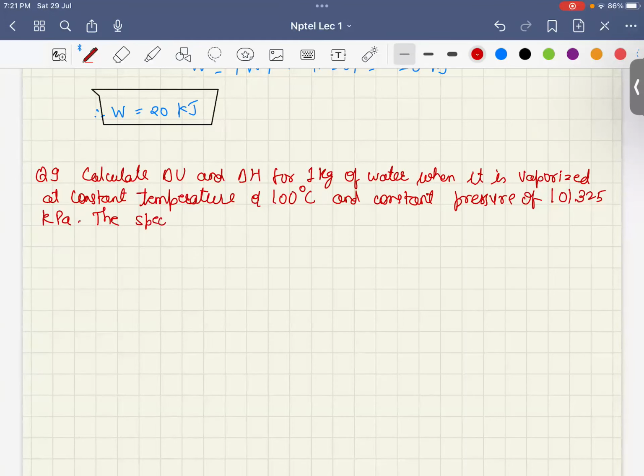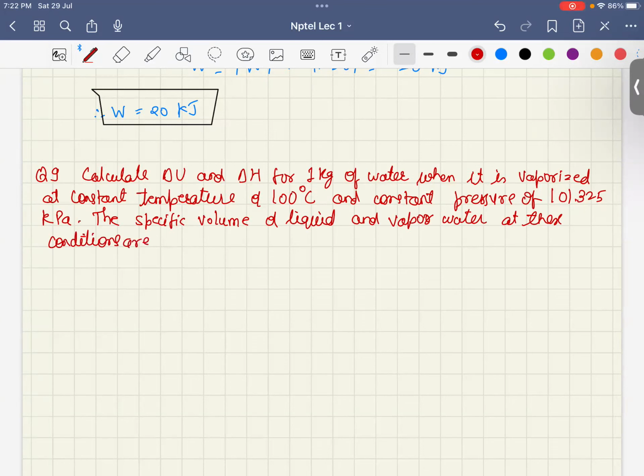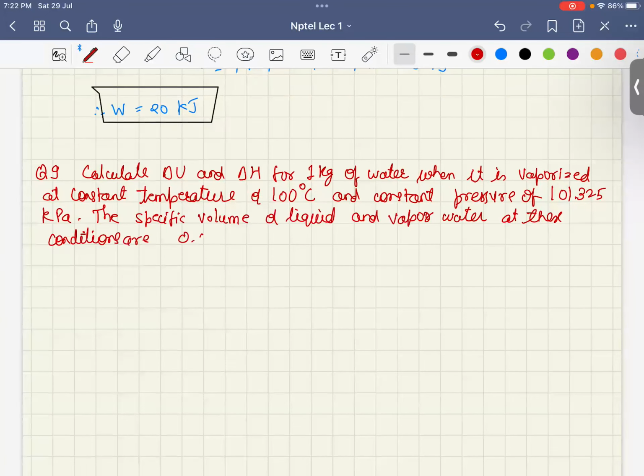The specific volume of liquid and vapor water at these conditions are 0.00104 and 1.673 meter cube per kg.